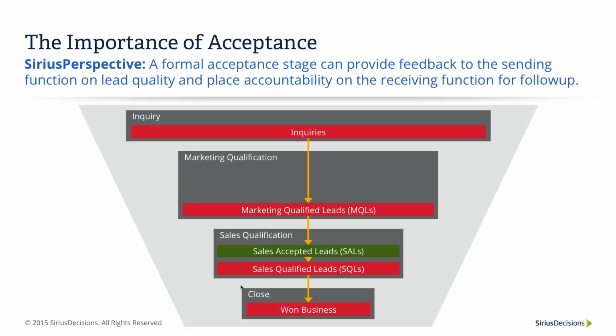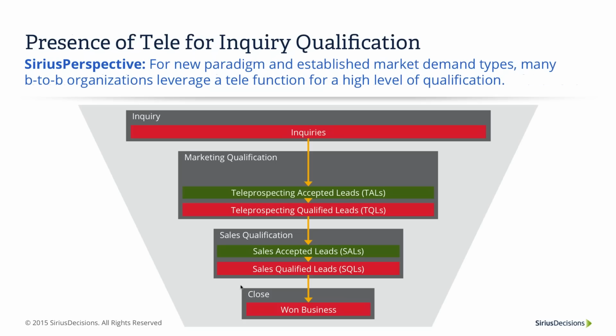If we move on, in the marketing qualification box, I've added a second green, which is a teleprospecting accepted lead. In many companies, we're actually starting to see the introduction of teleprospecting as a function that takes leads that come in through inbound or outbound methods and helps to progress them, helps to add some of that detail. And why is that?